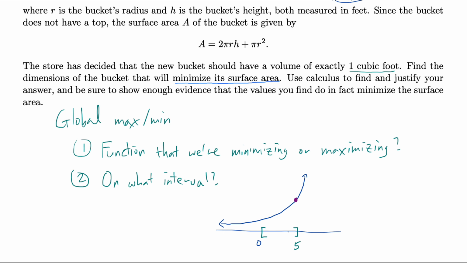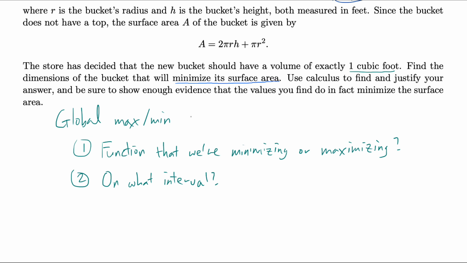But if I change the interval, rather than going from 0 to 5, to say maybe 0 to infinity, in that case, do we have a maximum? No. The function is increasing to infinity. So now the answer is that the maximum does not exist. So depending on the interval, even if our function is the same, the maximum changes. So figuring out what interval in this realistic context we want to really work with, this is a really important step in the optimization process. So make sure we figure out the function and the interval.